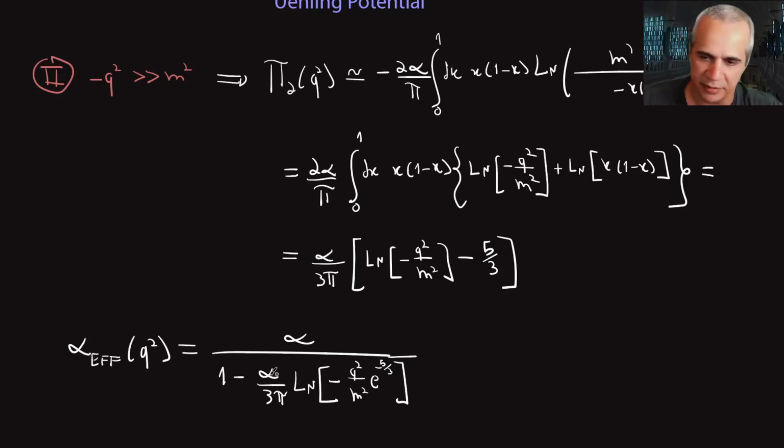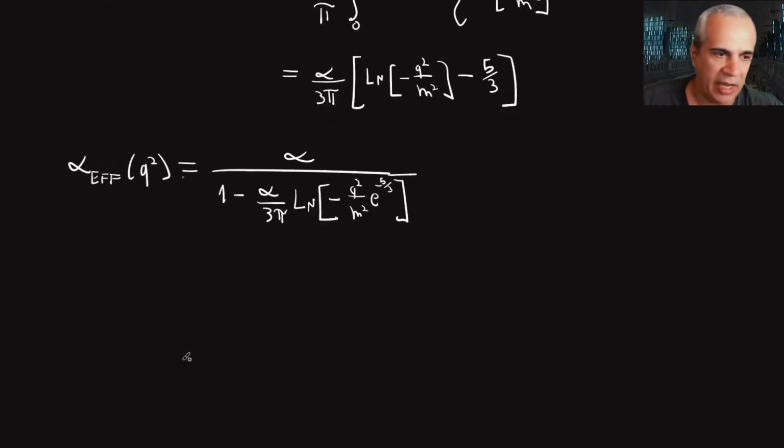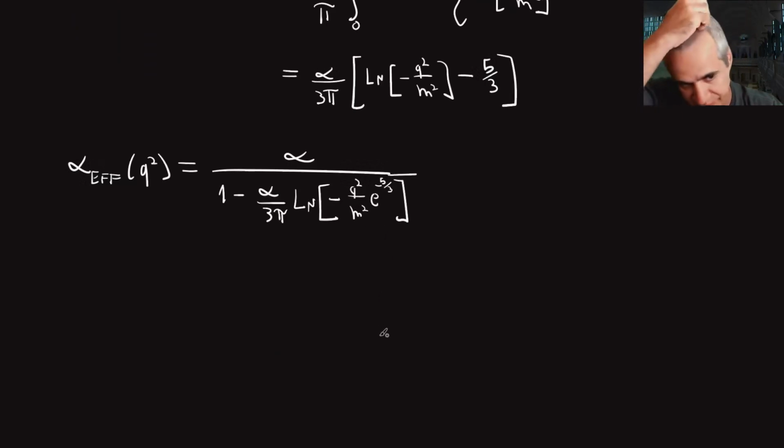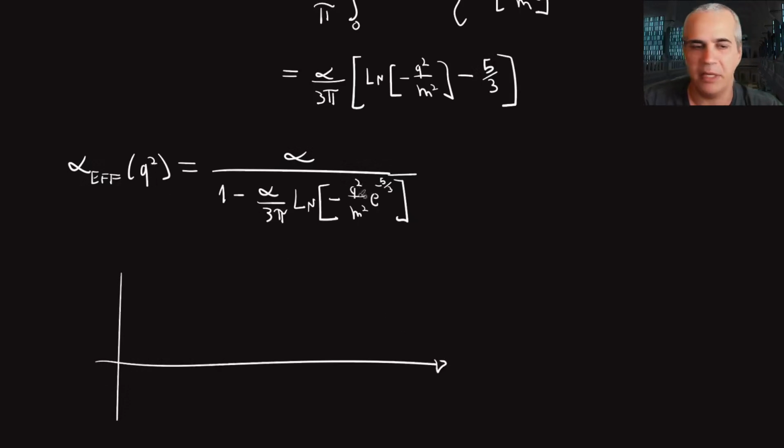You can see here that this thing grows as I go to smaller distances, or bigger q squared. So if I write this in terms of the distance, big distance, small distances mean big q squared. This will look like alpha effective, and I put here like log of r.